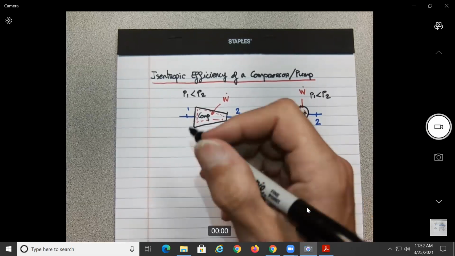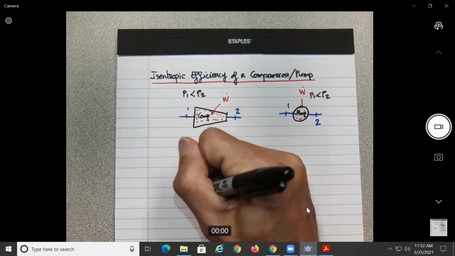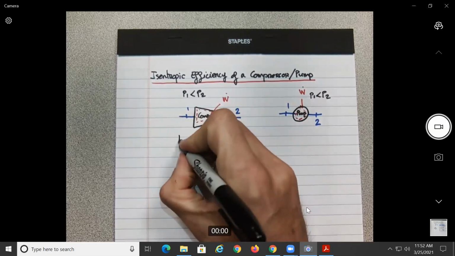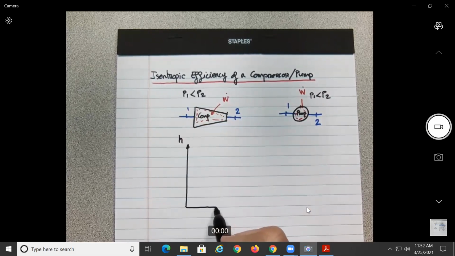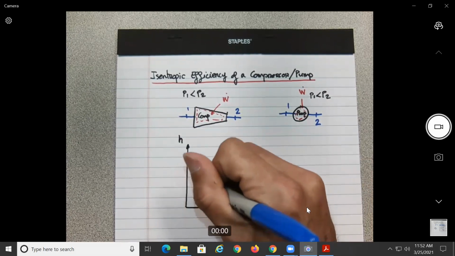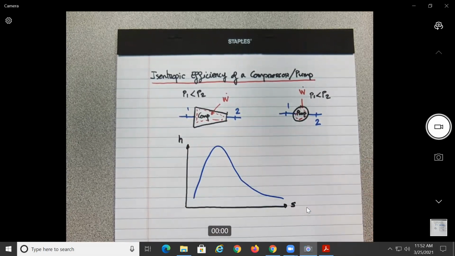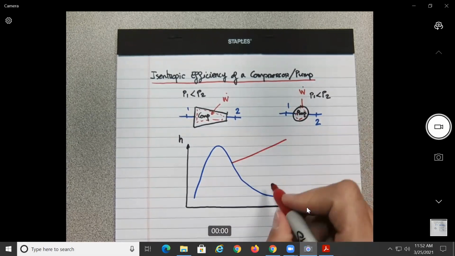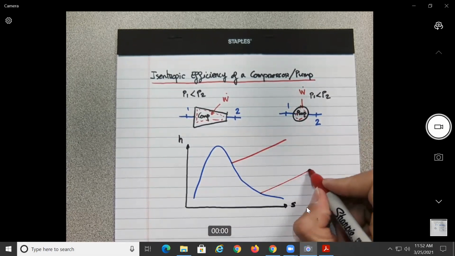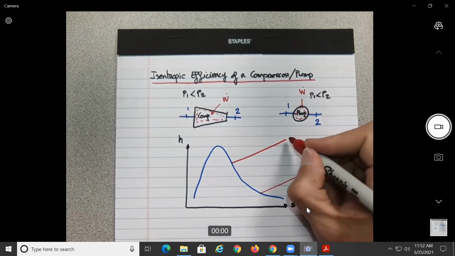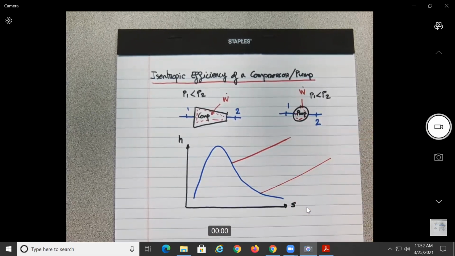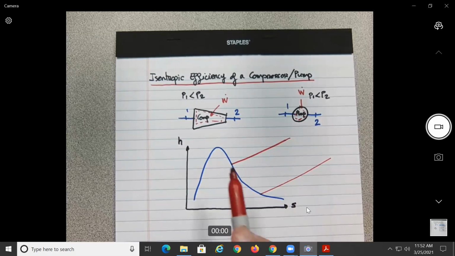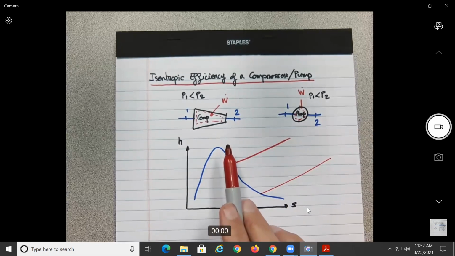Okay, so let's do the figure. Same thing, we do the same figure as before, the h-s diagram. Now we still have those two curves. Be careful, it's different than before. Before, what did we have?